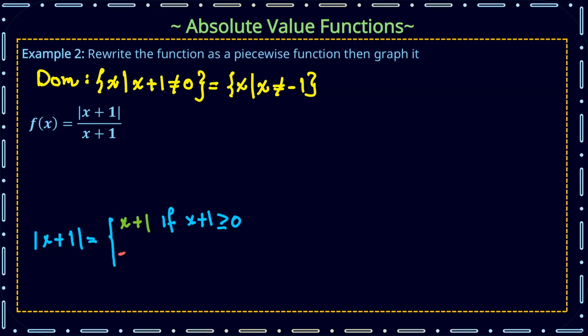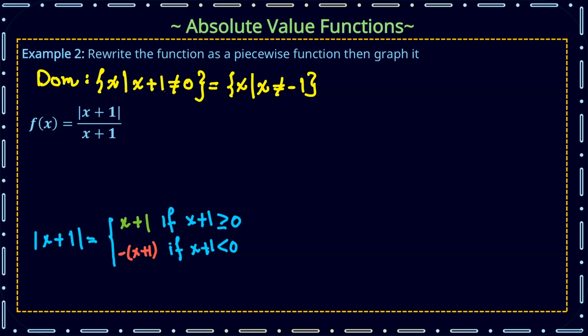And we get negative of x plus 1 if the expression inside the absolute value of x plus 1 is negative. Remember, if this is negative, to guarantee that we end up with a positive, you have to multiply what's inside the absolute value with an extra negative. Negative times a negative is positive.